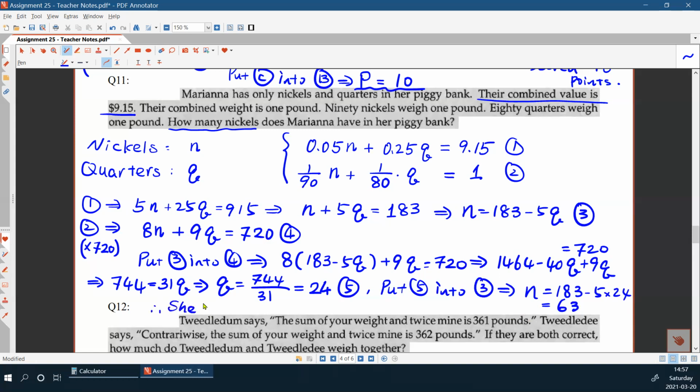Now we can make the conclusion. She has how many nickels? That's the value of n. n is 63, so that means she has 63 nickels. Please have a look at that.